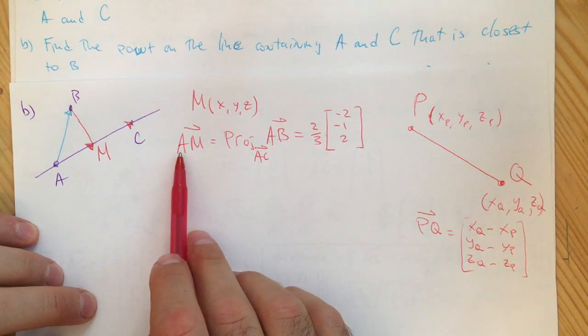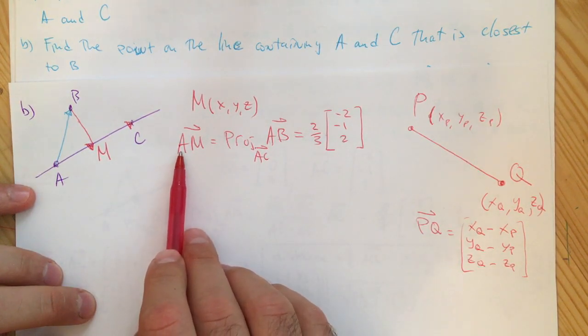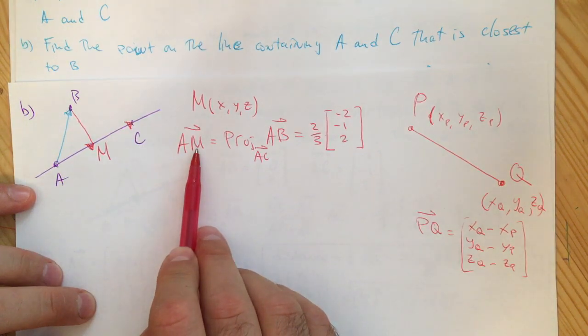I have the coordinates of the vector AM, and I have the coordinates of the point A. I need the coordinates of the point M.